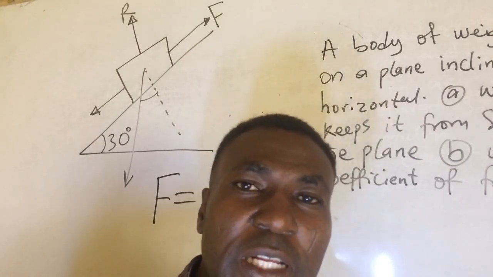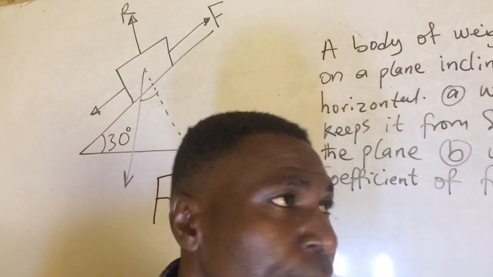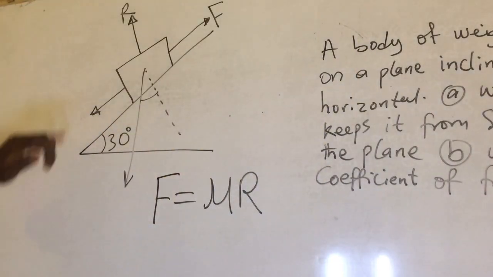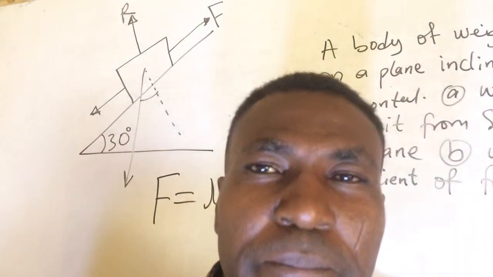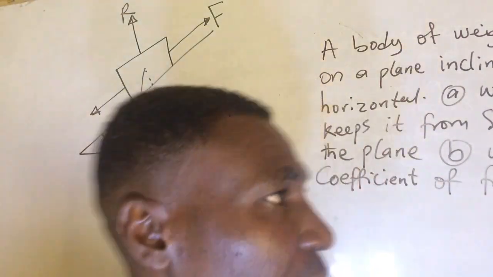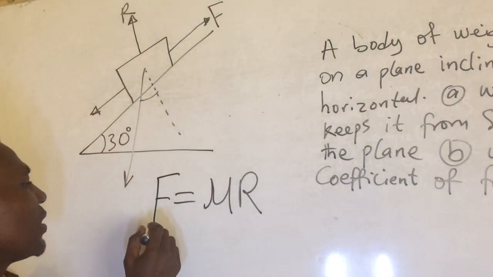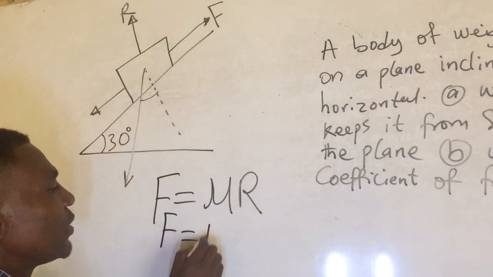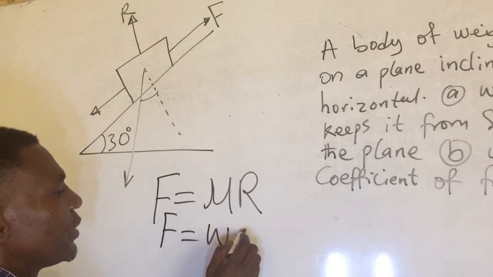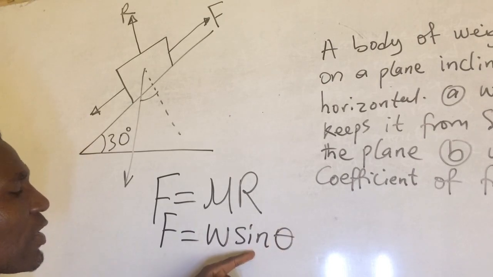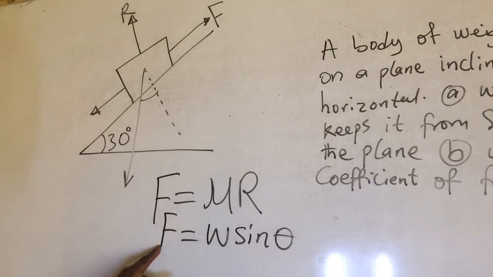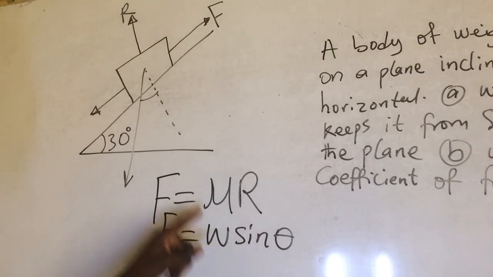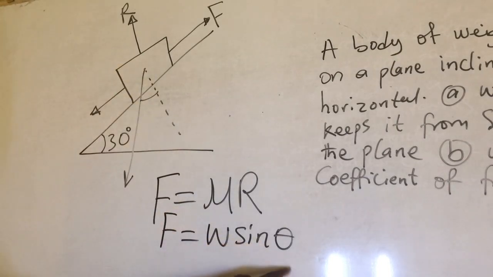Now if you want to calculate the frictional force, for an inclined plane, as a result of this angle, we calculate the frictional force to be W sine theta. Sine theta comes in as a result of the inclined plane. So we can calculate F to be equal to the weight of this object times sine theta.